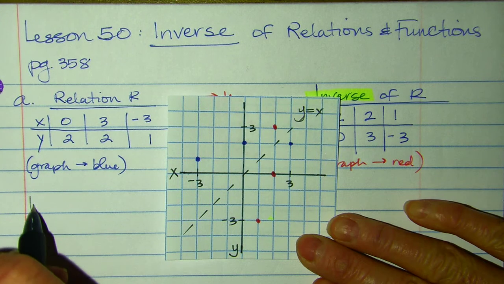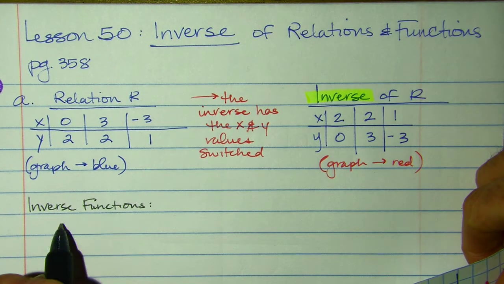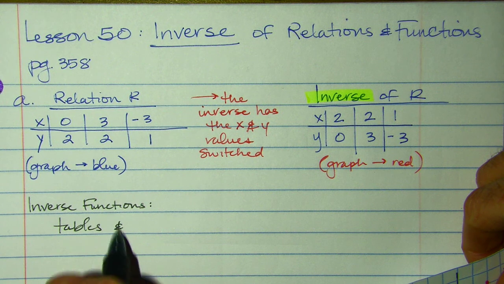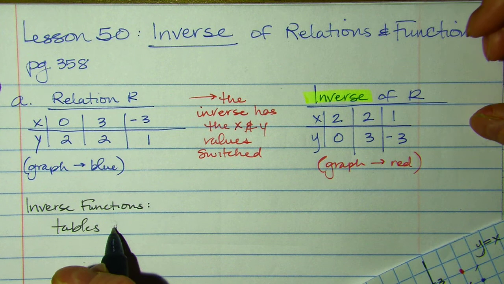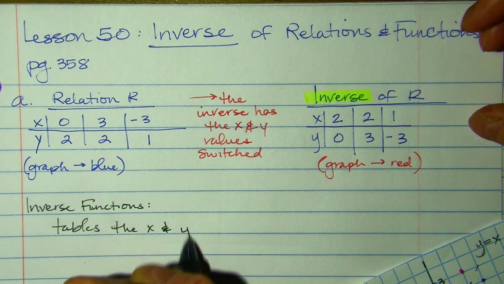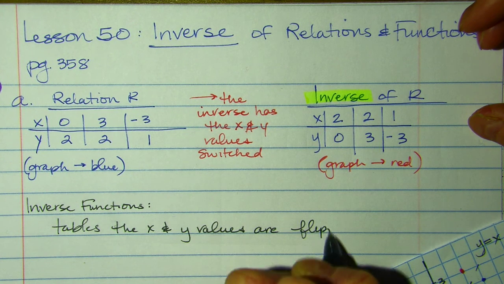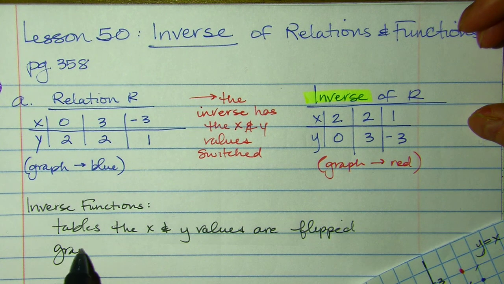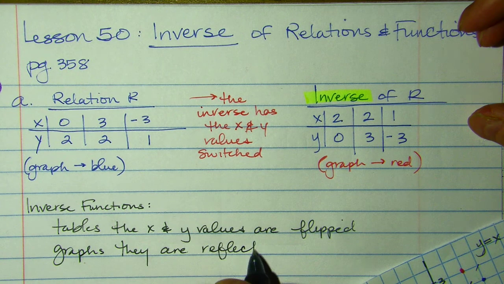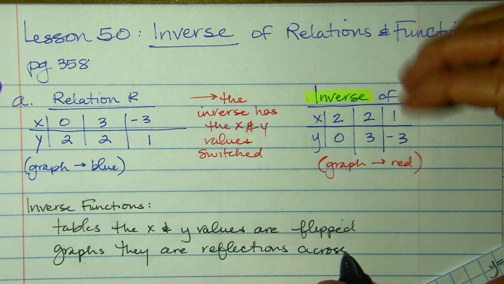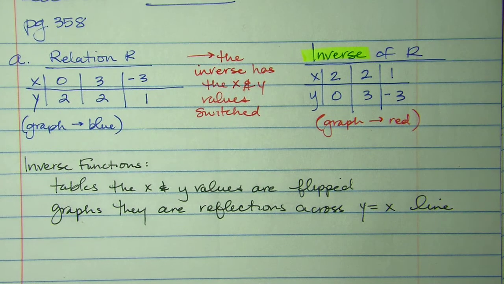So for inverse functions, the tables, the x and y values, are flipped, and on our graphs they are reflections across the y equals x line. Within this example, we went over the two properties.